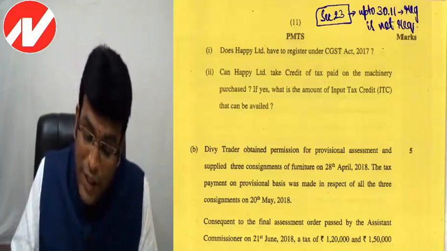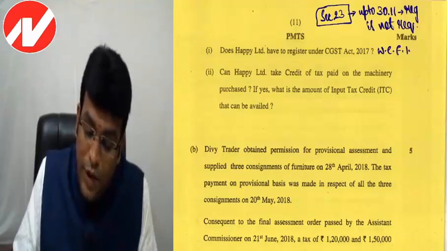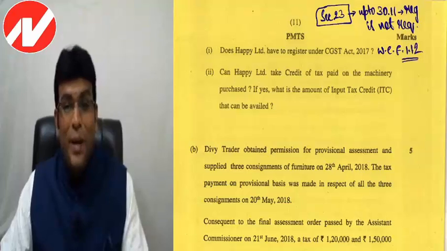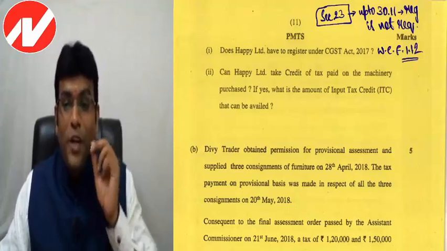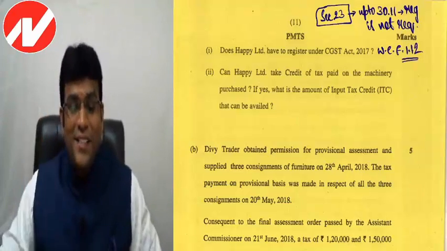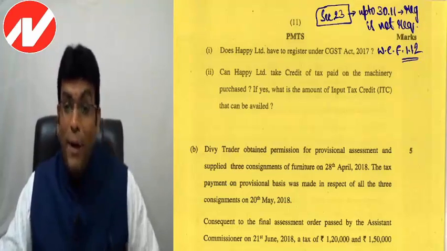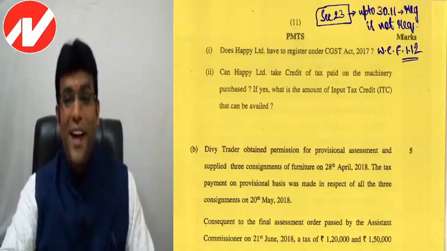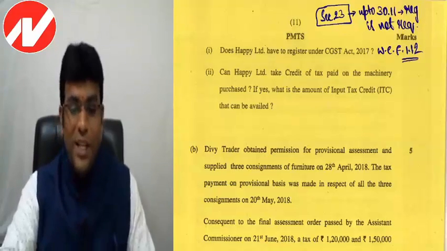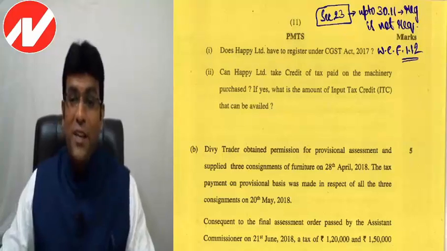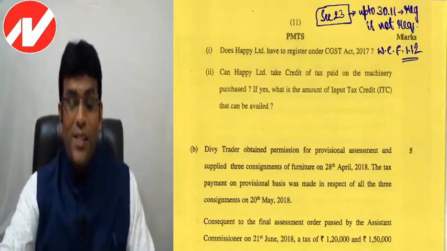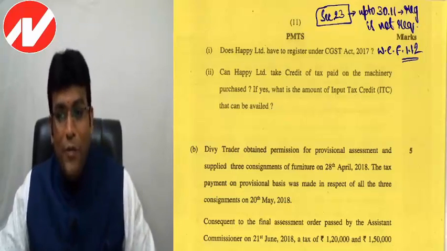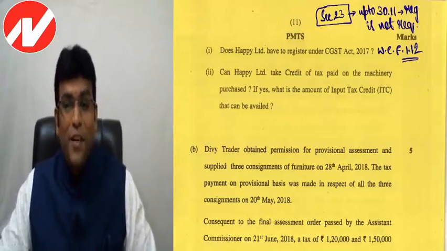But with effect from 1st of December, since exemption is withdrawn, he is liable to be registered and he has to apply for registration within 30 days from 1st of December. Because per section 25, any person liable to be registered must apply for registration within 30 days. Come on friends, I repeat one more time. Any person liable to be registered must apply for registration within 30 days, my dear friends.